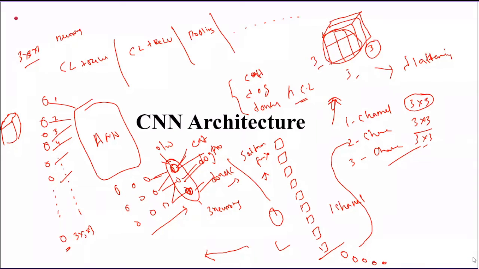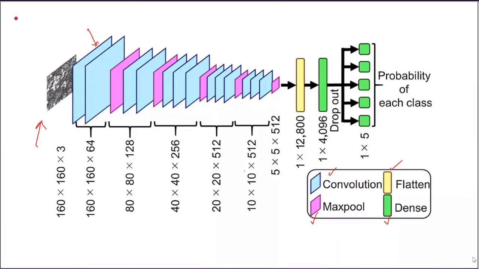In general, this is the CNN architecture, where blue represents the convolution layer, violet represents max pool, yellow represents the flattened layer, and green represents a dense layer.